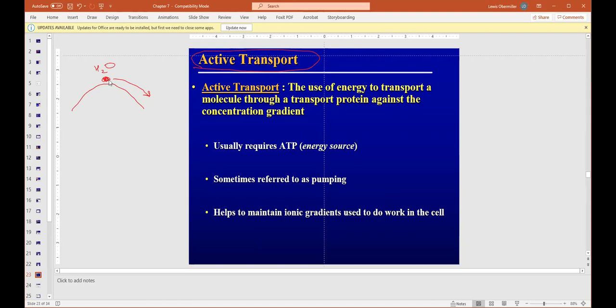Water moves from high areas, elevation, to low elevation, turns those turbines and gives us energy thanks to gravity. And it's free, right? Because gravity always exists. This is kind of like passive transport. Temperature always exists. So we're going to get free energy out of the temperature, and we can use that to move stuff across the cell.